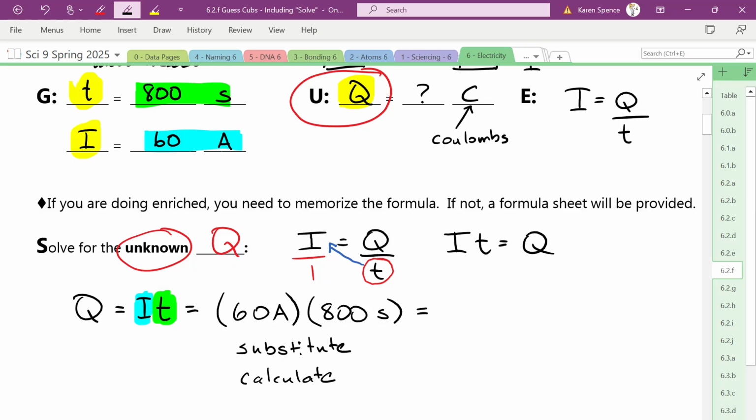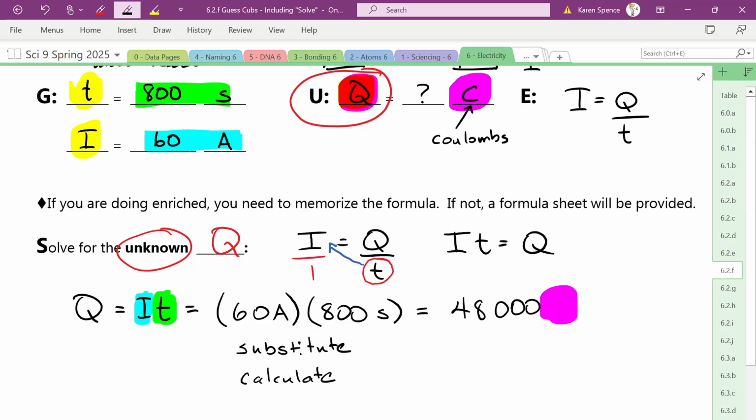So you can use your calculator. 60 times 800 is 48000. And the unit of charge, here's our charge. The unit of charge is the coulomb.